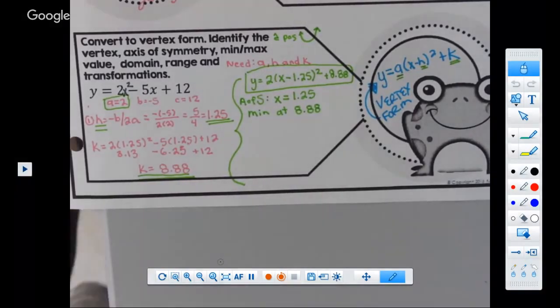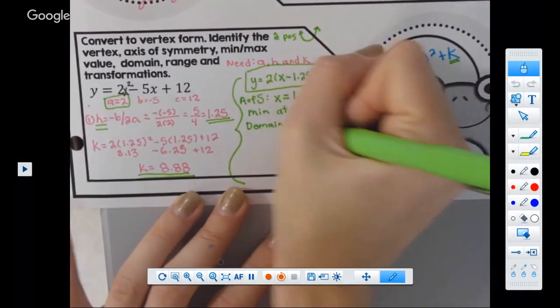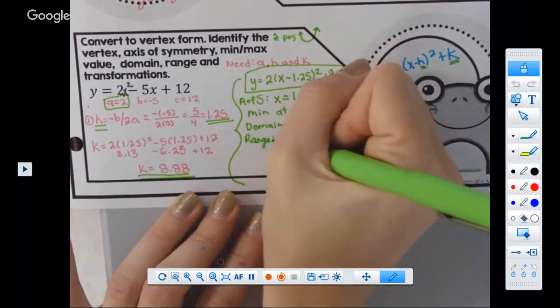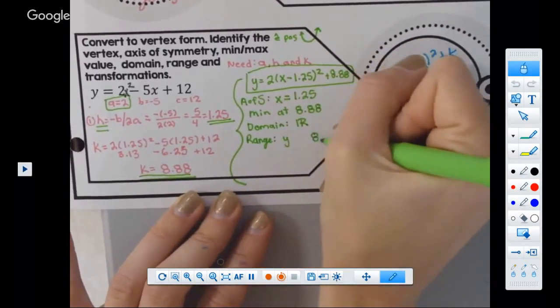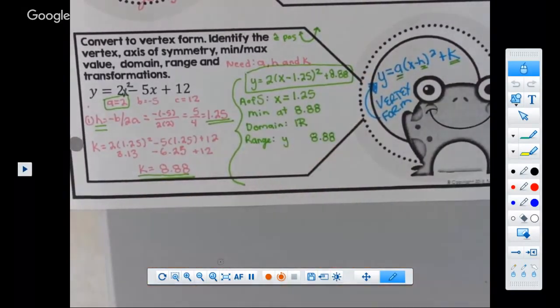Okay, next thing it asks for domain. All real numbers. Okay, then it asks for the range. Y is greater than or equal to 2? Okay, so we're always going to use K, so I'm going to put Y and K. It's greater than, but why does Chris say it's greater than or equal to? Because it opens up, right?